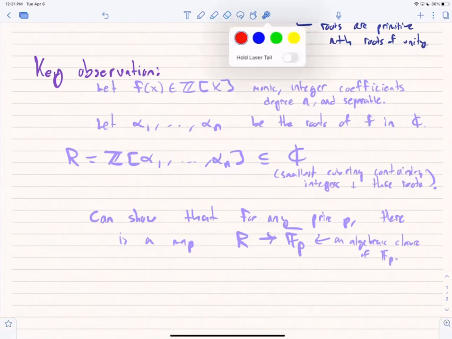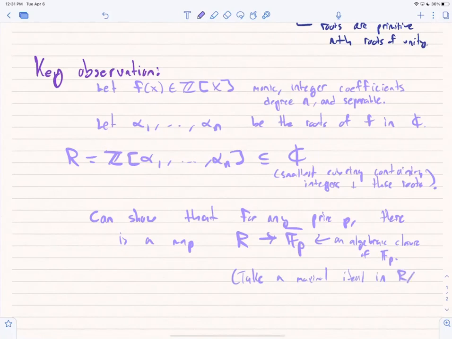But the condition that this polynomial has monic integer coefficients is enough to tell you that p is not going to be invertible in this ring R. And so you take R mod p, and you take a maximal ideal in R mod p. That's going to give you a field.